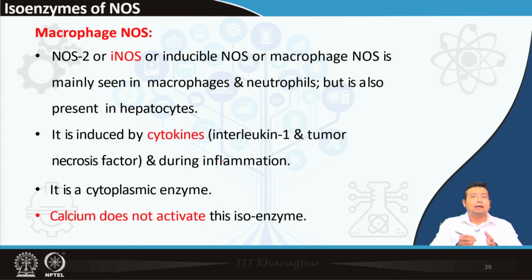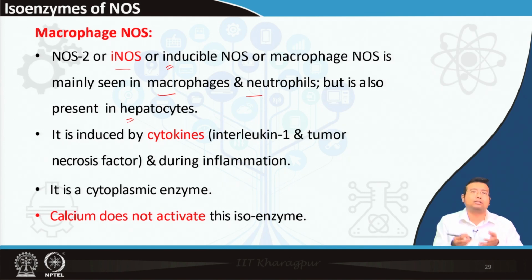Second variety, macrophage NOS or iNOS. Why is it called i? Because it is inducible. Same thing, iNOS, macrophage NOS, inducible NOS or NOS2. It is mainly seen in macrophages and neutrophils and it is also present in liver cells. So, why do we call it iNOS or inducible? Because it is induced by cytokines. Cytokines are chemical compounds that are mediators of multiple reactions, for example, inflammation.